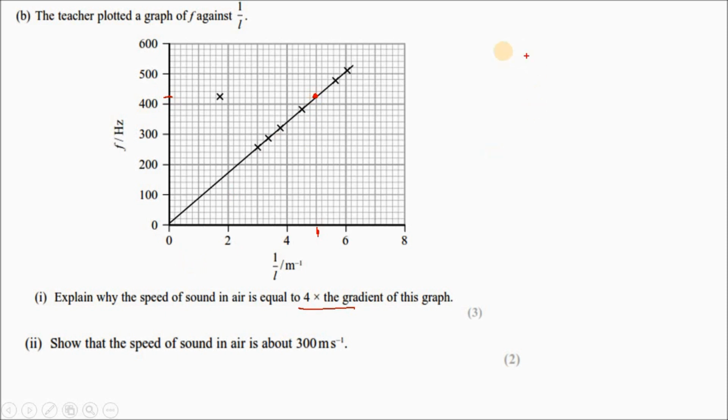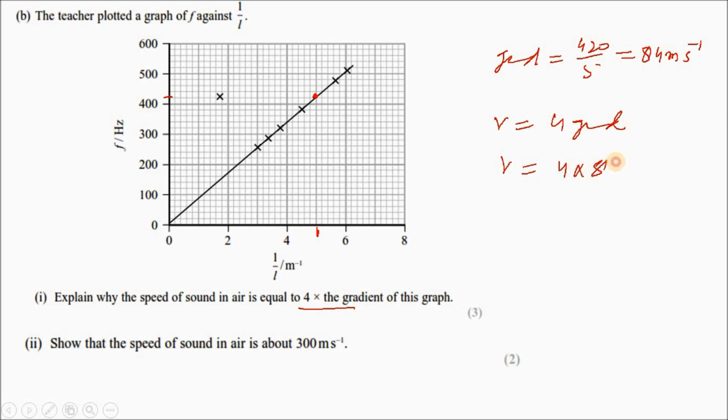Now the gradient is 420 divided by 5, which is rise over run, and that is 84 meters per second as the unit. Then velocity is 4 times the gradient, so v is equal to 4 times 84, which is v equal to 336 meters per second. This is the velocity.